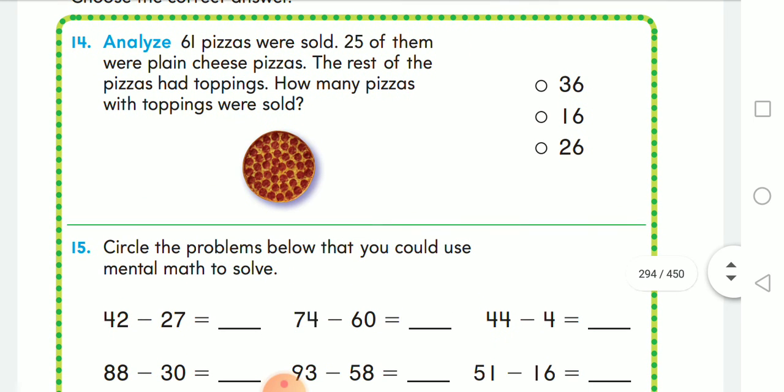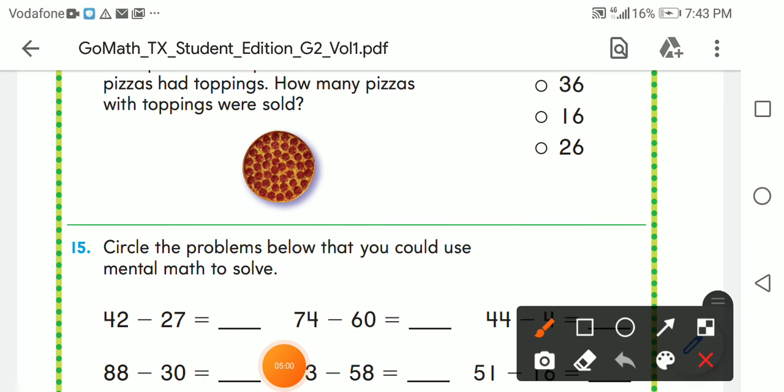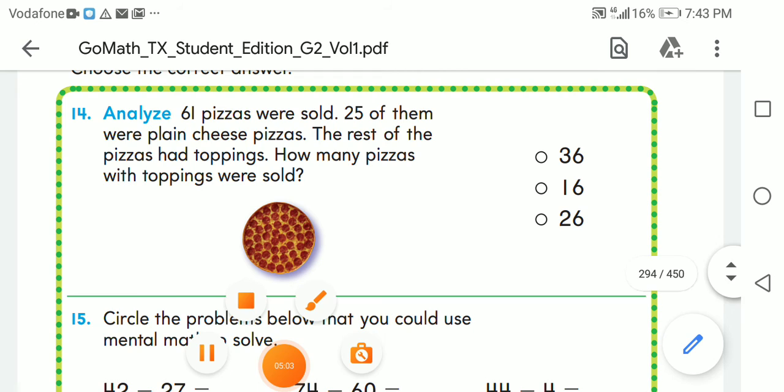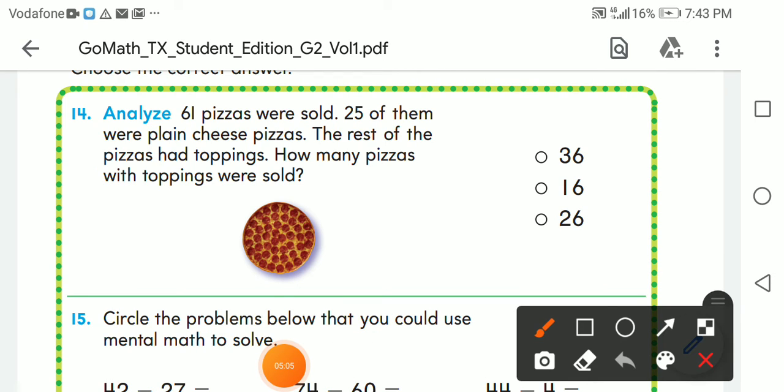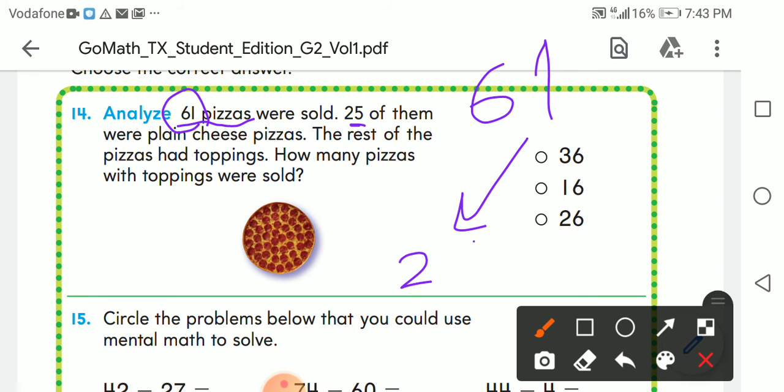Then I have here another kind of questions, the word problems. It's very easy, my dear students. If I say we have 61 pizzas were sold, guys, write 61 and circle the number. Okay, 25 of them were plain cheese pizza, just cheese pizza without any pepperoni.